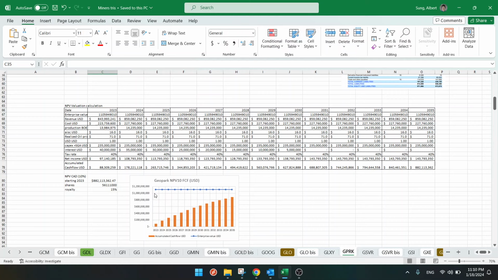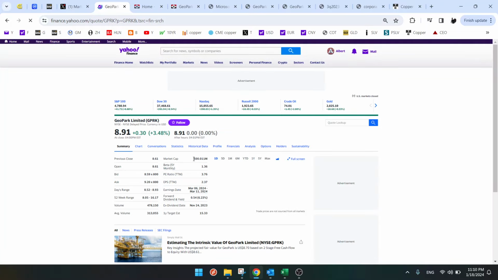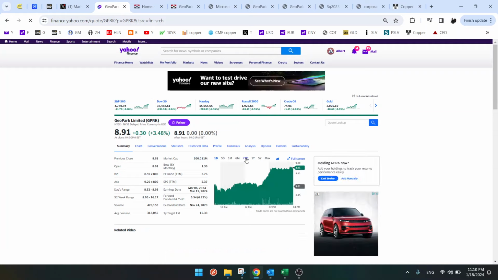So that's 300 million in a drop. If you look at market cap, that's more than 50% drop in Geopark market cap is possible.